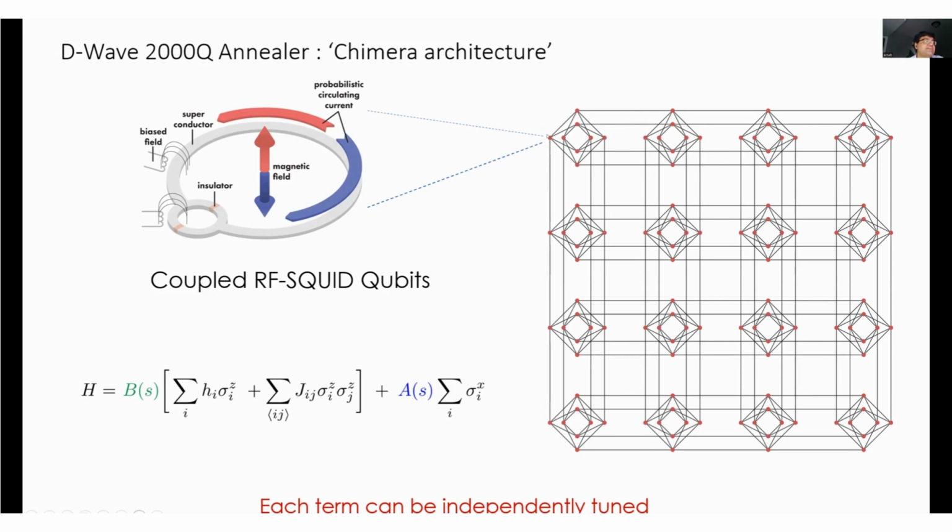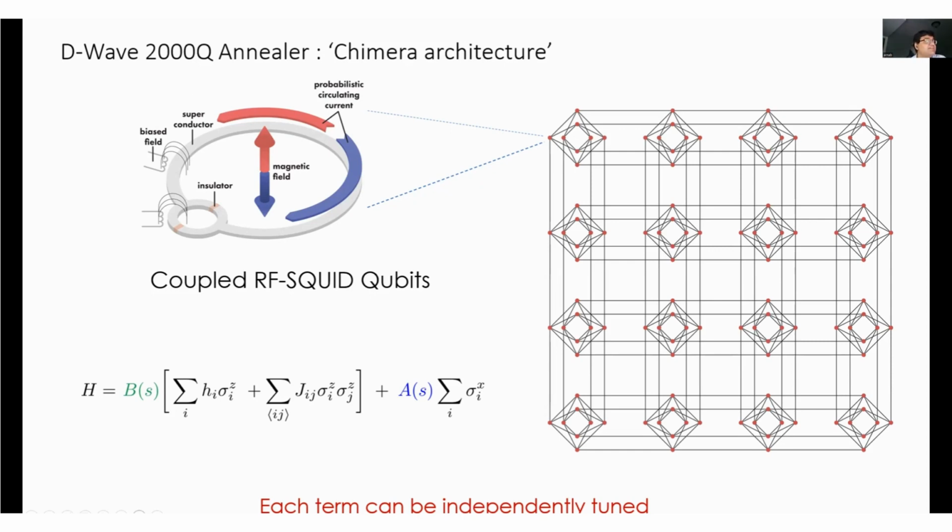Those qubits I have put as dots, but if you enlarge each of these dots, this is how they look. They are basically flux-coupled qubits where you have two rings, let's say, and you have a Josephson junction here. And you can bias the whole system using two magnetic fields, one which goes through this tiny loop and one which goes through this larger loop.